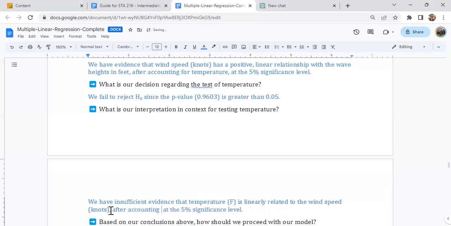After accounting for wind speed. Oh, no, I'm sorry, not wind speed. It's wave height.